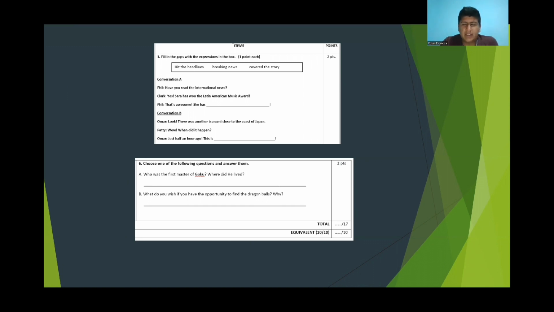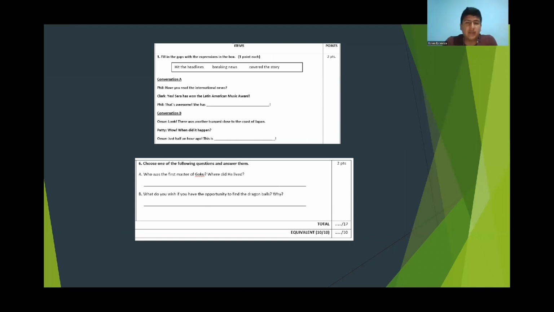Another aspect is, for example, the points. As you can see in my test, the total points are given in the left column, and at the end of the test, you can see the total and the equivalent over 10. So this is about the organization of the test.